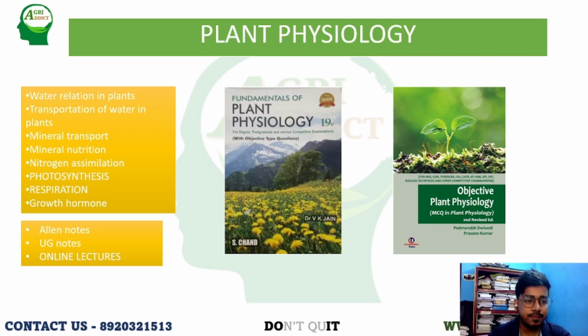Then plant physiology. There are quite a lot of chapters, but in ICAR PG, 3 to 4 or 5 questions may be asked from this segment only, so you need not worry about it very deeply.